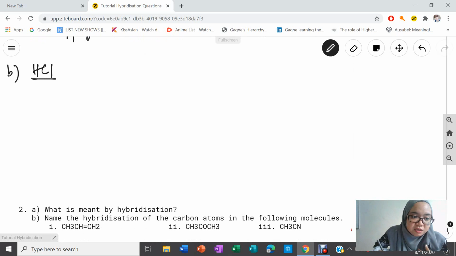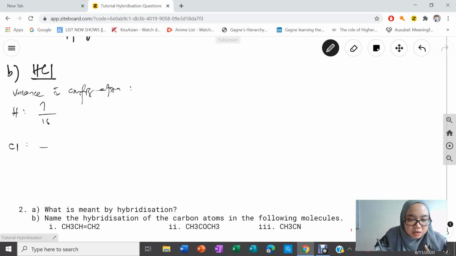So first thing first, you need to know the valence electronic configuration. For the hydrogen atom, the valence electronic configuration is 1s1. For the chlorine atom, it is 3s2 3p5.